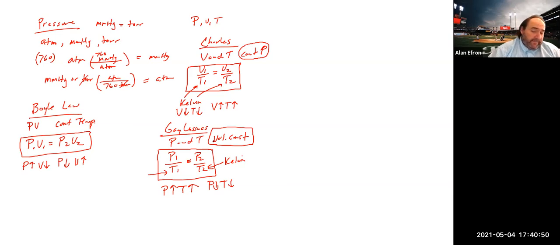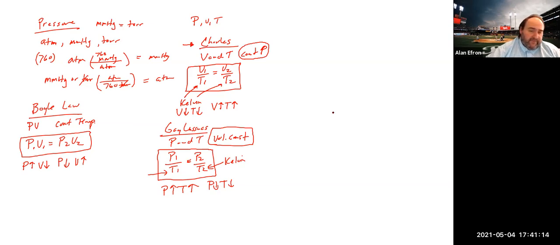As you drop the temperature, everybody flies around a little slower, fewer collisions, and thus we see the pressure go down. Because the volume is not adjusting like it does to keep constant pressure, that's why we see the pressure change in this relationship.